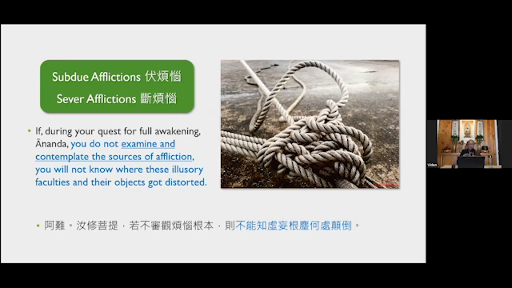First, you stop it. When you are suffering, stop it. And then gradually we can sever the affliction, which means we need to untie all the knots here. You see the knots, a whole bunch of knots here. How do you untie them? You have to examine where to start and gradually untie them.